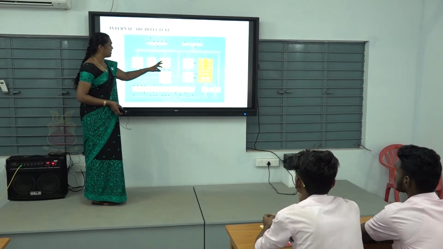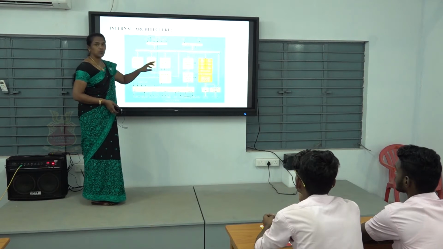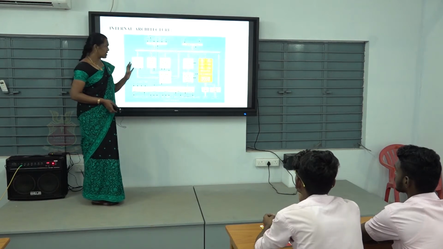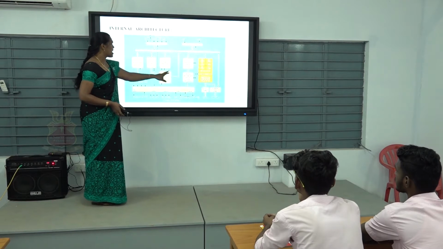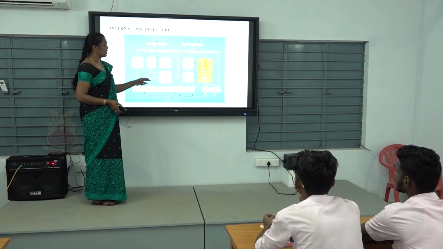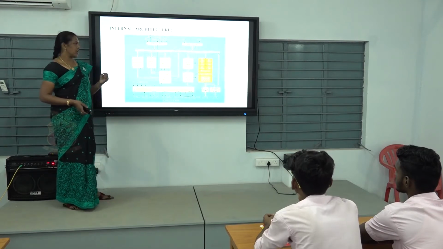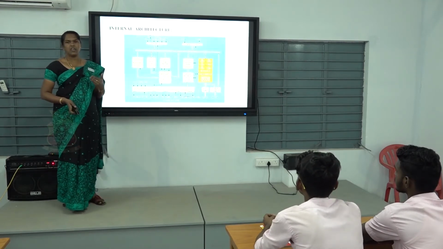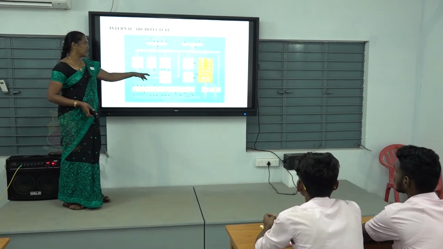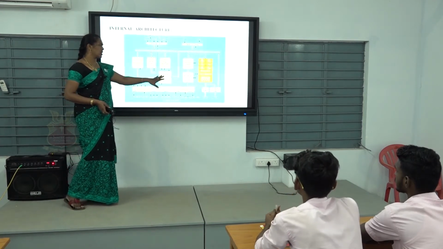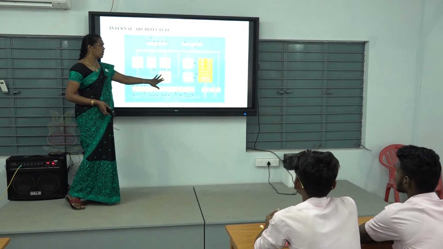Then flag flip-flops, used to show the status of the result. Then the ALU, arithmetic logic unit. Here we have all the 8-bit registers A, B, C, D, E and W, Z, and the control unit.